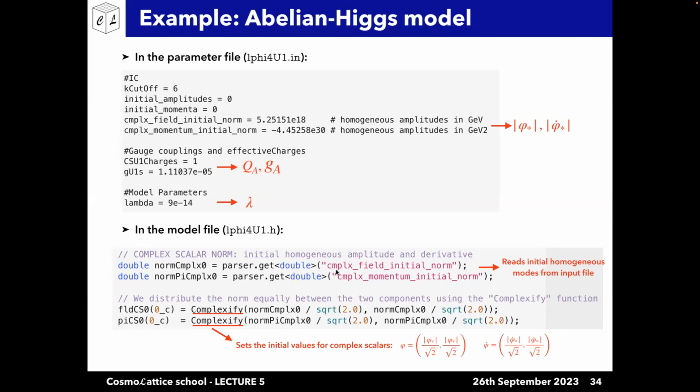This is in the input file, but then in the model file we have this complexify function that basically takes this initial homogeneous component and distributes it in a certain way between the components of the complex scalar. So, for example, this reads the initial amplitude of the complex scalar and distributes it equally. That's why we are including this square root of 2 in both components.